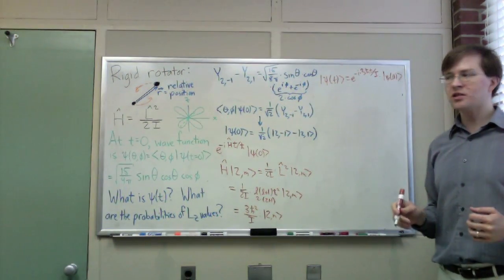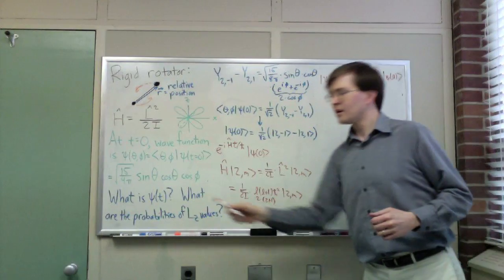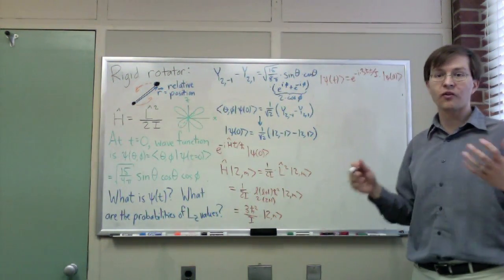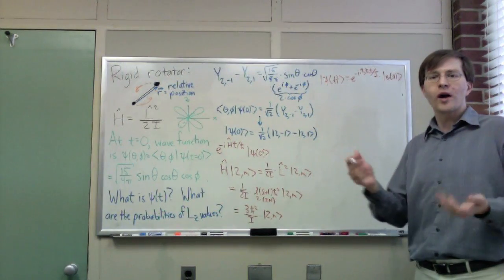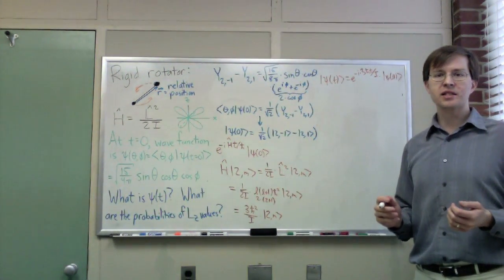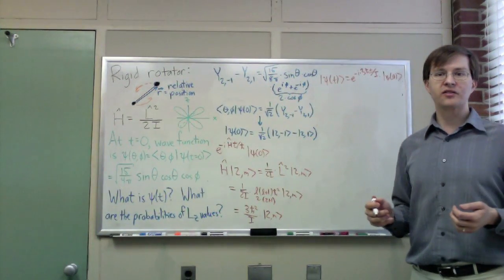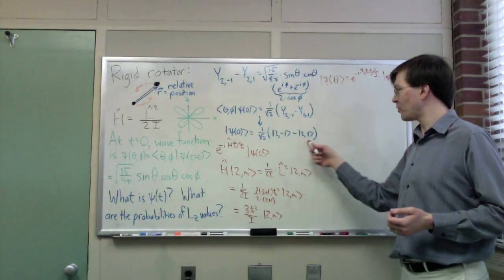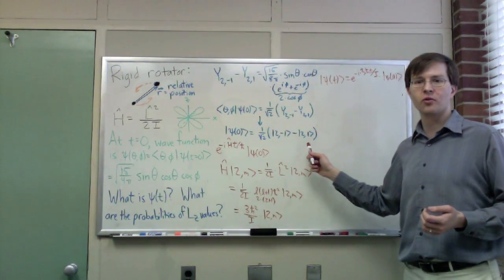The only thing that changes here is that I get a time dependence. I get some state that is changing in time with a phase. It's an overall phase, but there's no relative phase between the two pieces. So this is actually a stationary state. This is a state that is an eigenfunction of the Hamiltonian. The entire state is an eigenfunction of the Hamiltonian because both have the same L, the same total angular momentum.